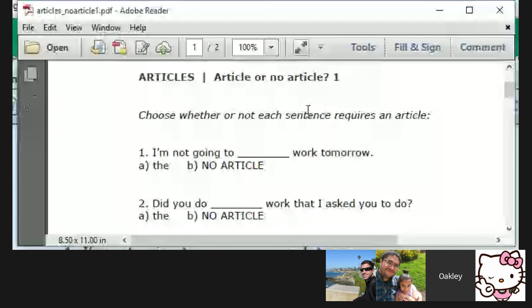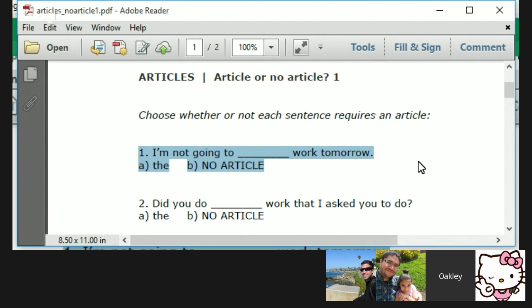We're going to do some exercises with articles, not only "a" and no article, but possibly even "the." And we can talk about it if it's confusing. So let's just jump right on. Victor, number 1.